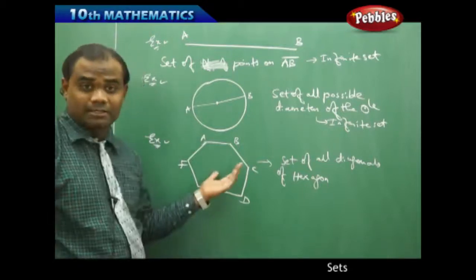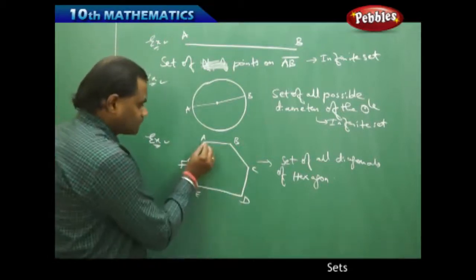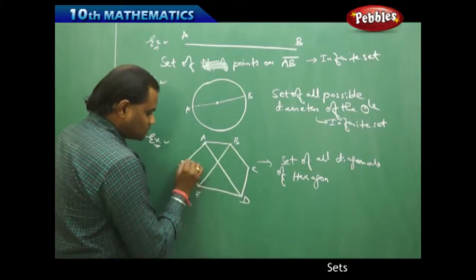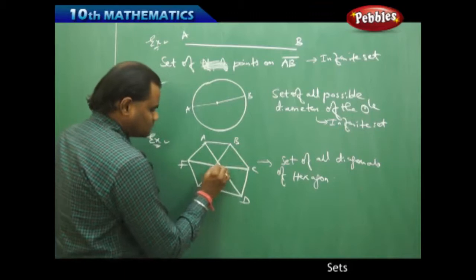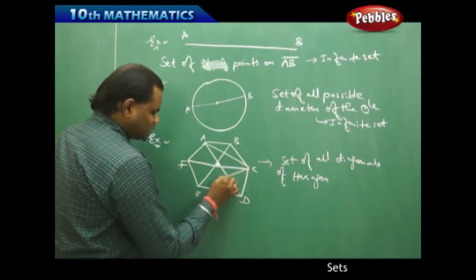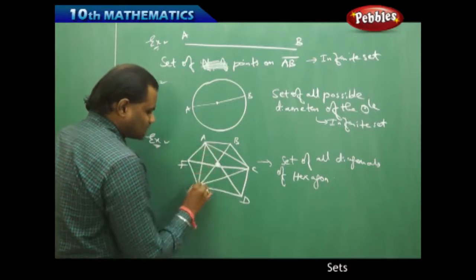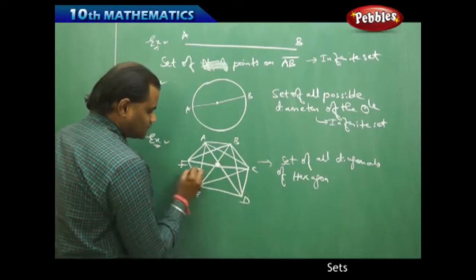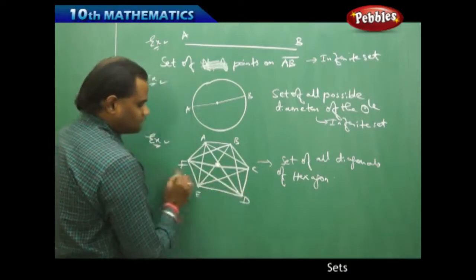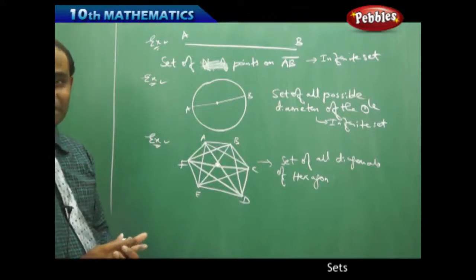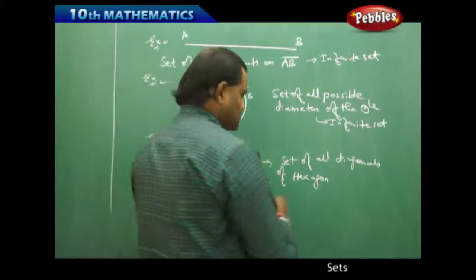Let's see how many diagonals exist for a hexagon. Diagonal 1, diagonal 2, diagonal 3, diagonal 4, diagonal 5, diagonal 6, diagonal 7, diagonal 8, diagonal 9. There are 9 diagonals which connect one vertex to the other vertex.